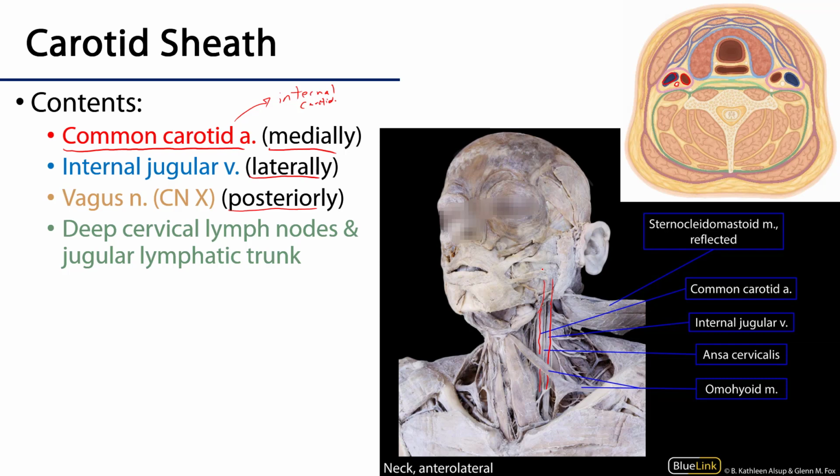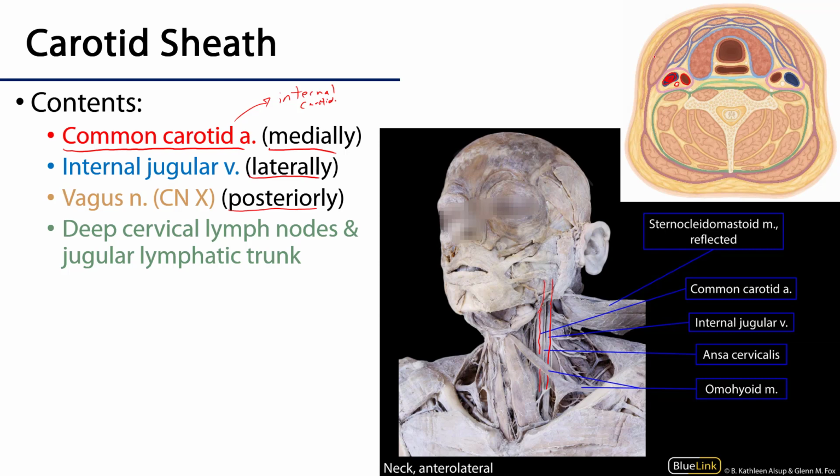Also, in very close association with IJ, we'll see deep cervical lymph nodes, and you can find the jugular lymphatic trunk associated with those deep cervical lymph nodes.